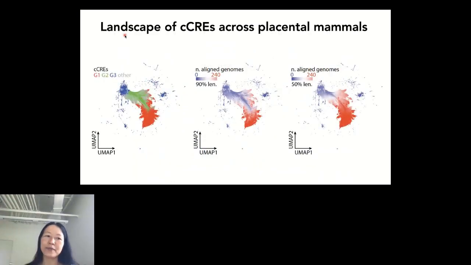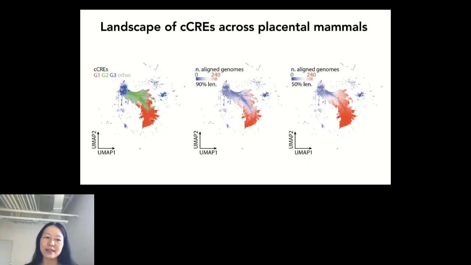we went one step further. We took all the 0.92 million cCREs, and we used their alignment information across the entire 241 genomes. We used that as features and performed UMAP on all of these cCREs. You can see the entire 0.92 million is shown in this heat map. Group 1 is highly conserved, and group 3 is primate specific.